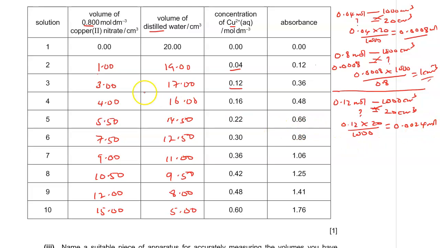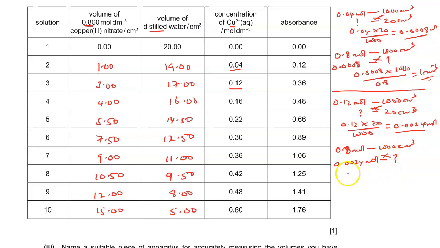And we know that we have these 0.8 moles per liter of copper nitrate. So we have 0.8 moles in 1,000 centimeters cubed. So this number of moles will be found in what volume? So 0.0024 moles will be in what volume?